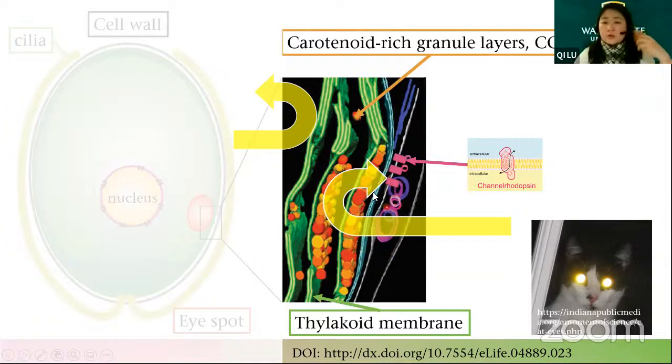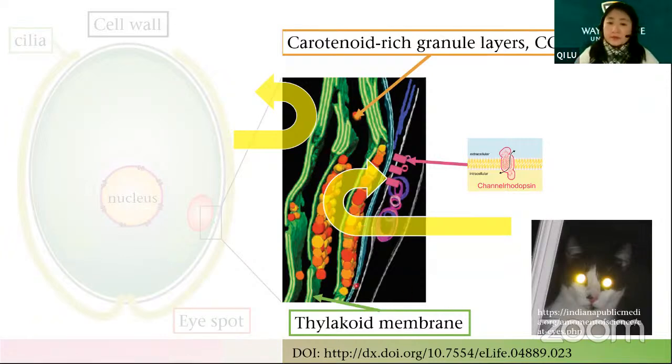These reflected photons can open these channelrhodopsins. Then calcium and protons can flux into the cell, causing the cell membrane potential to hyperpolarize.